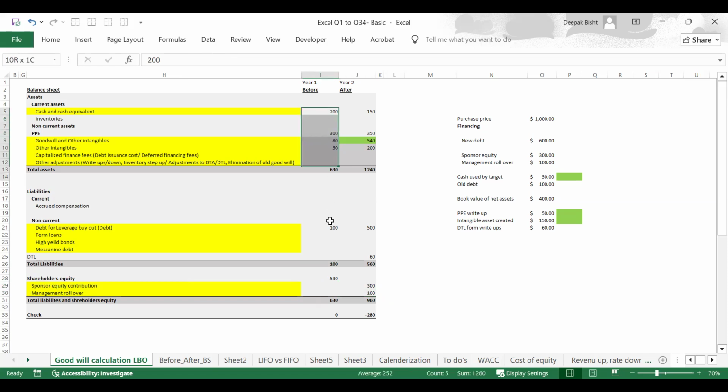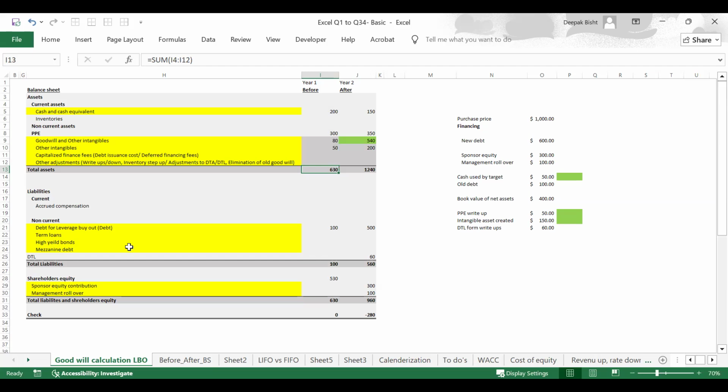In the hypothetical example, let's assume that previously there was $200 of cash on the balance sheet of the target company, and the PPE was $300. There was goodwill on the balance sheet of $80, and other tangible assets inside the company were $50. So this will make a total of $630 of assets.